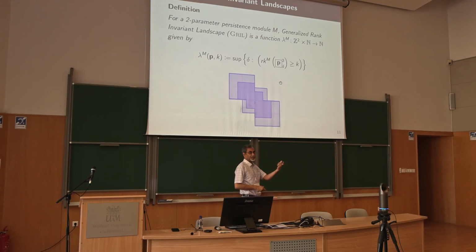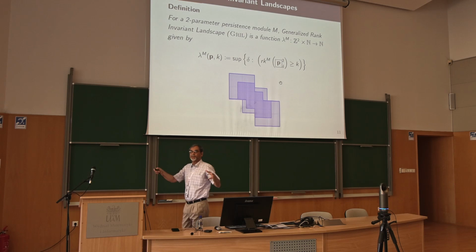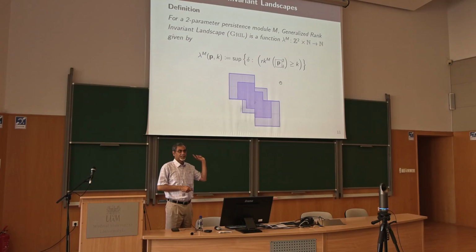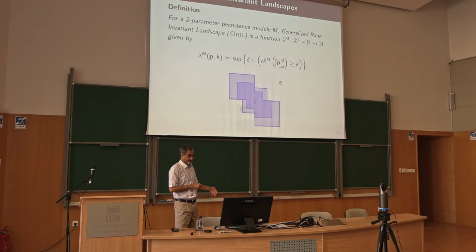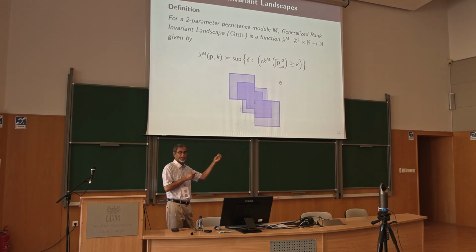And basically the width of the expanded one is the value at the point P, the grill value. So at this point P, for example, suppose in this case I can expand this one up to this one, and the width of this expanded one will be the value at P, because if I try to increase it any further, probably in this case, the rank drops below. That's the definition of the grill value at a particular point P.